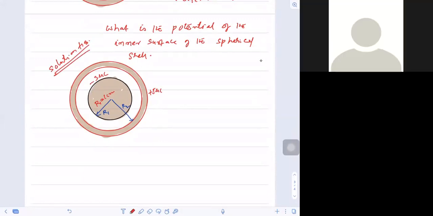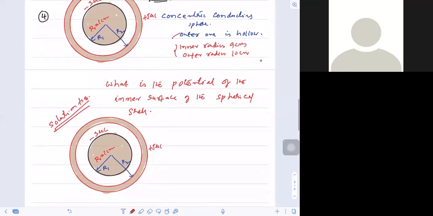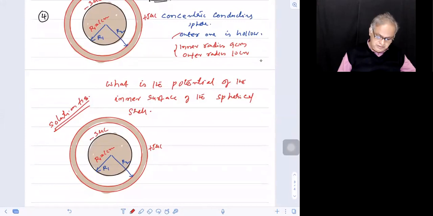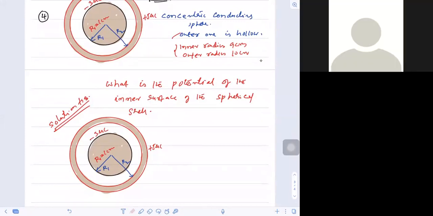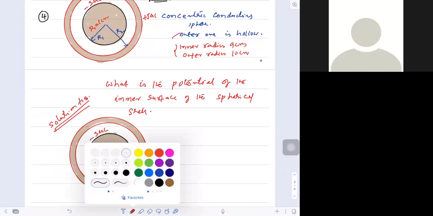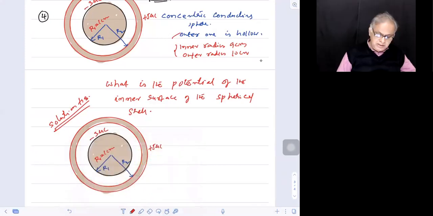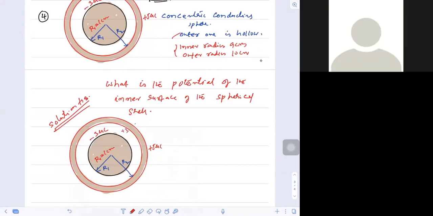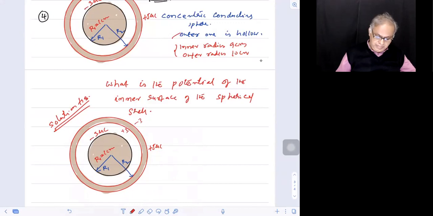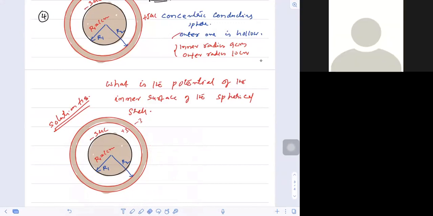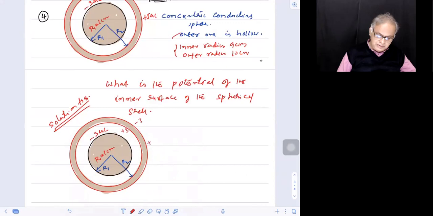Yes, sir. For R2 inner surface, it will be +3 microcoulombs because of the induction. That's what you're saying. The -3 will make +3 here and -3 on the outer surface. But net charge is +5. So +8 should be there initially, excess. +8 should be the excess, right? So far, so good. No problem.